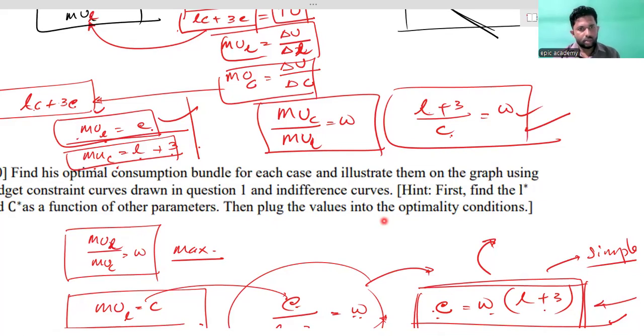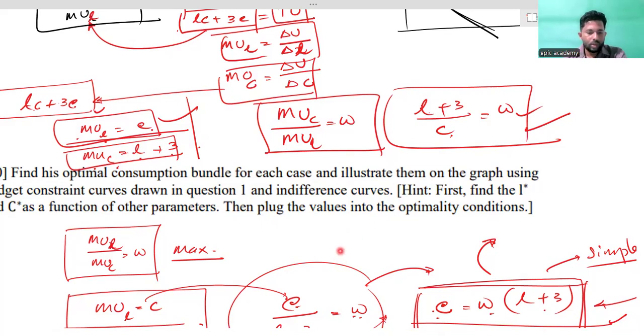Listen to what is being asked in the drawing question number 1, indifference curve. We don't have any indifference curve in question number 1 because we already calculated the three cases as budget line only, isn't it? Yes, only budget line. Okay, I will check that again. Okay, that's fine.